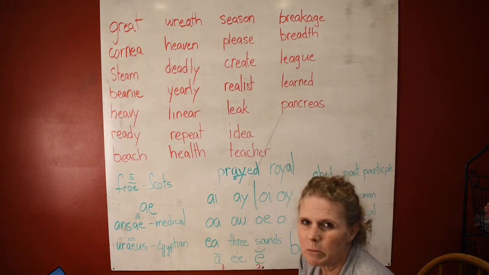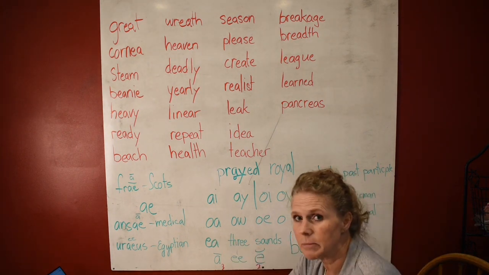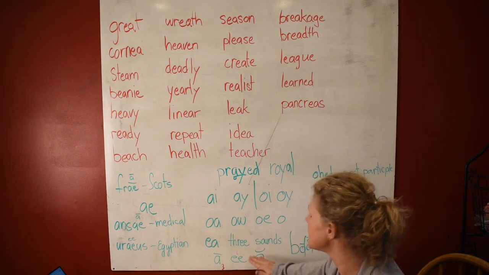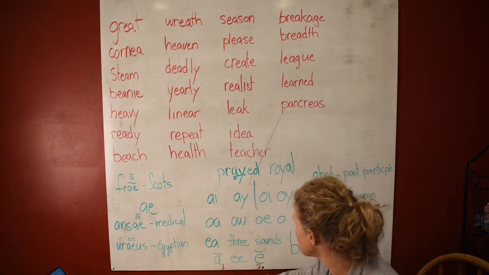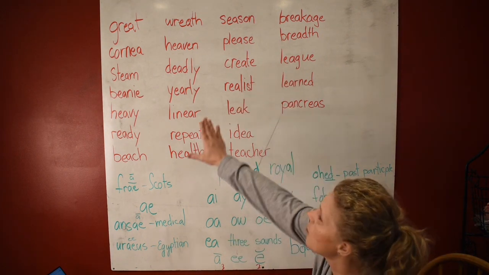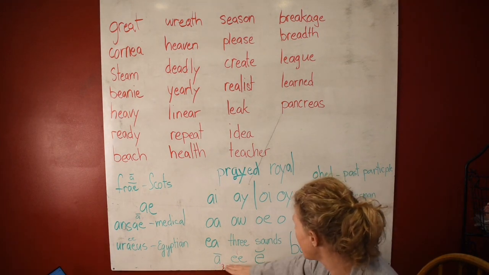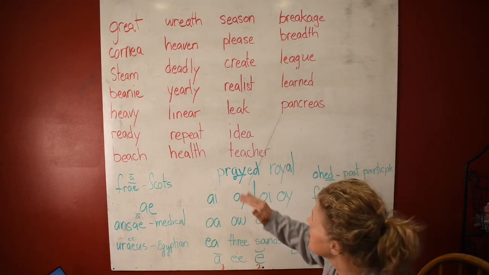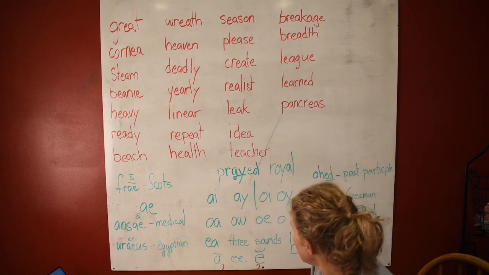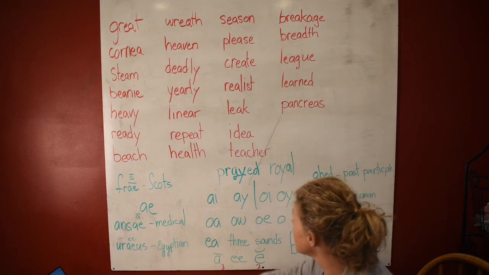And maybe you can even bunch them together, a whole bunch that will have long E, and use them as spelling words, so you can identify them. We're going to go through a whole bunch of different words that say these different sounds, and this is how I teach my students when they're trying to figure out how a word works. First you would start with long E, then I would go with short E, and then I would go with A.